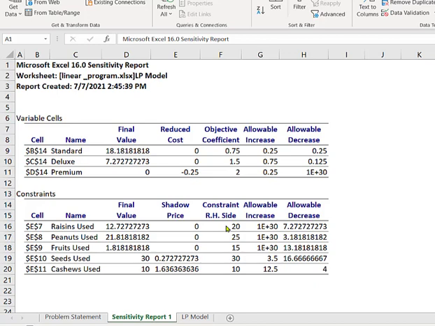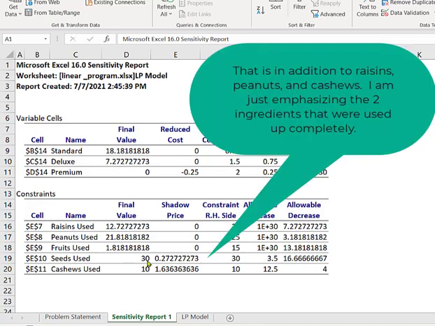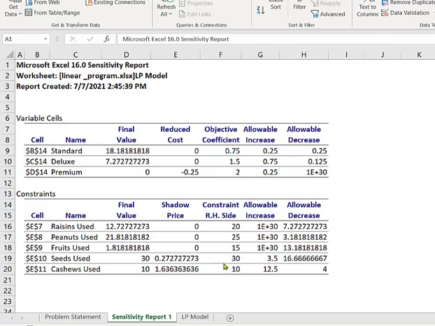We had 20 pounds of raisin, we had 25 pounds of peanut, etc. Notice that producing 18.18 bags of standard and 7.27 bags of deluxe will use actually 30 pounds of the sunflower seed, and will use 10 pounds of cashews. And as a result, it uses up all of the resources available.